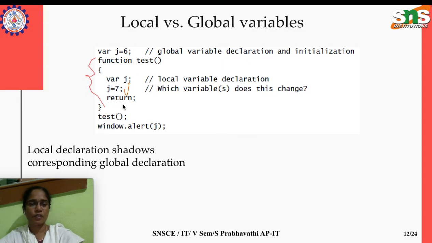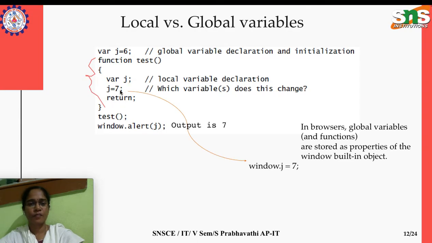So here what it says is, the local declaration shadows the global declaration. It means the local variable's focus is here in the function definition. In the browser, global variables are stored as properties of the built-in object.